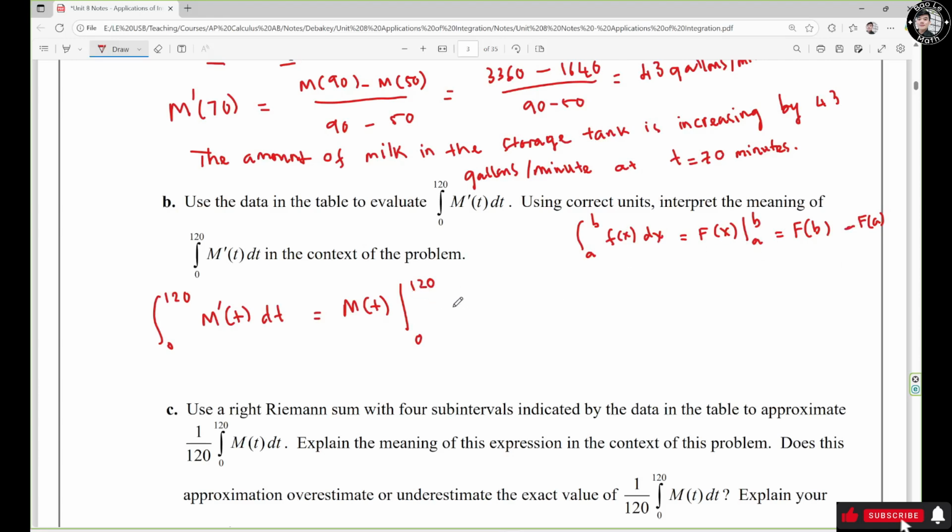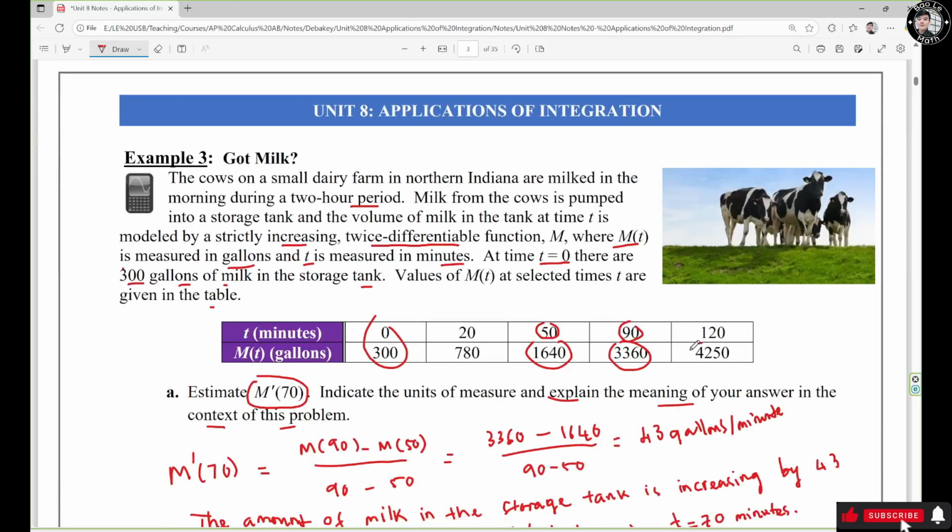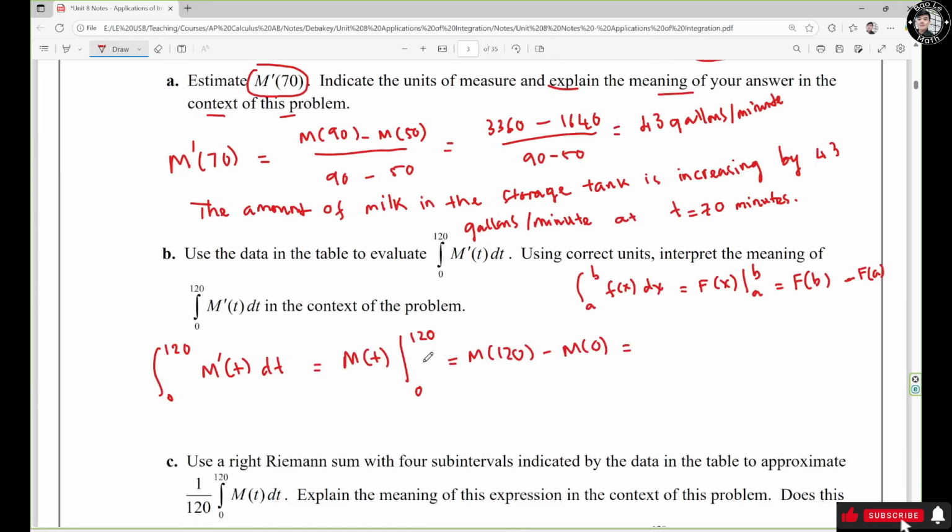So you have m of 120 subtract m of 0. But m of 120 is 4250 and m of 0 equals 300, and it's going to be 3950 gallons.